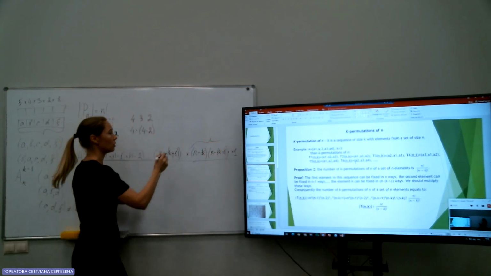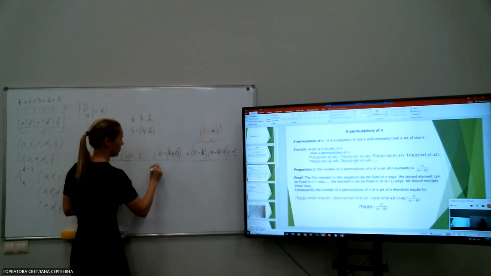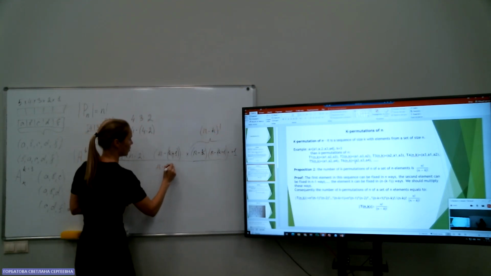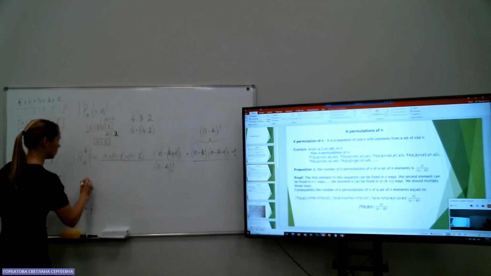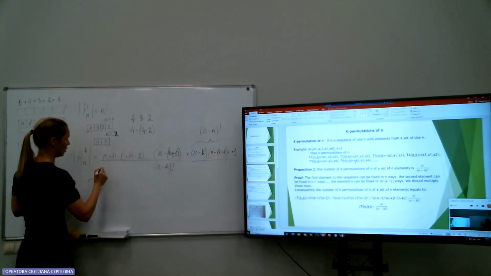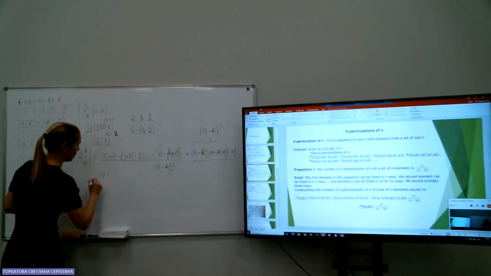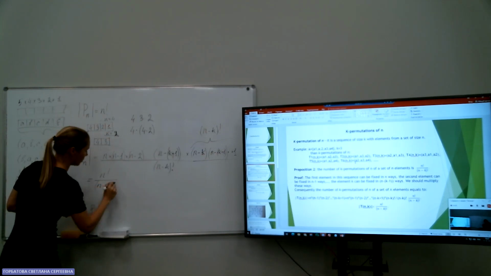N minus k factorial. So it will be n factorial divided by n minus k factorial.